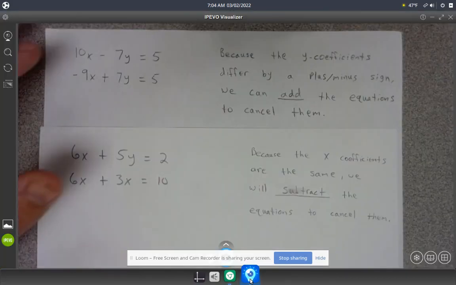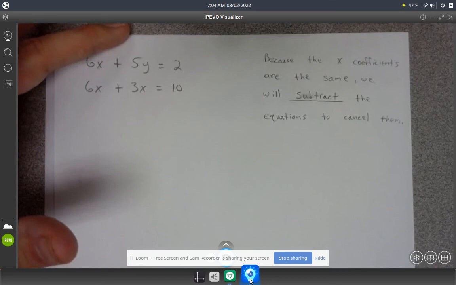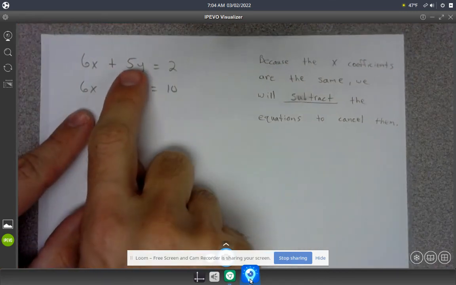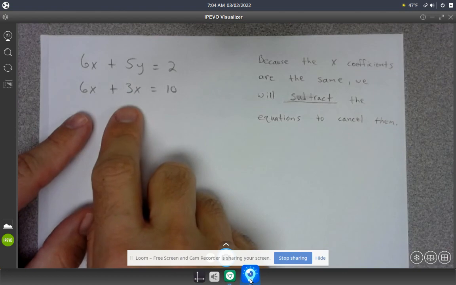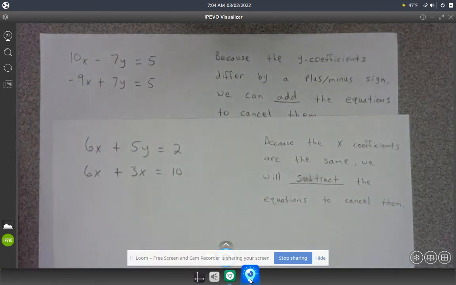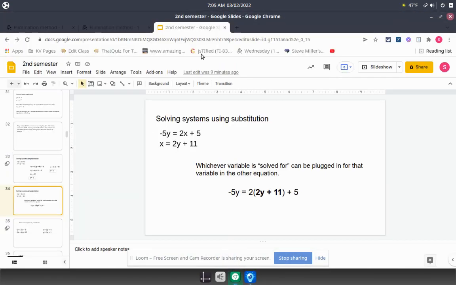Okay, so we are going to be looking at some systems of equations here, and you'll notice that both of the equations this time are in standard form, right? Same here. Now, the ones that we looked at before, we were solving by substitution.